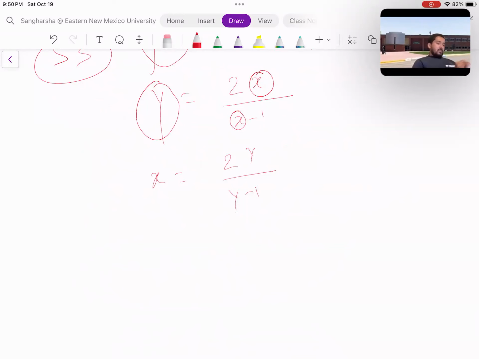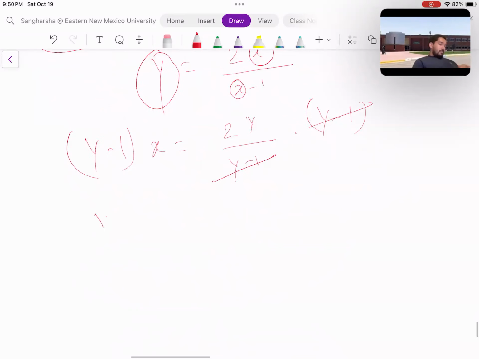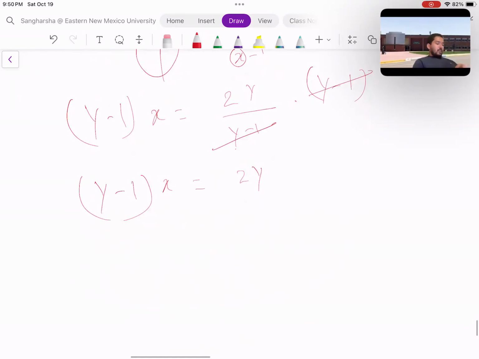To get rid of the denominator, multiply both sides by the denominator, y minus 1. So you have (y minus 1) times x equals 2y. You have y here and y here, so you have to collect all y's on the same side. Let's distribute x: xy minus x equals 2y.